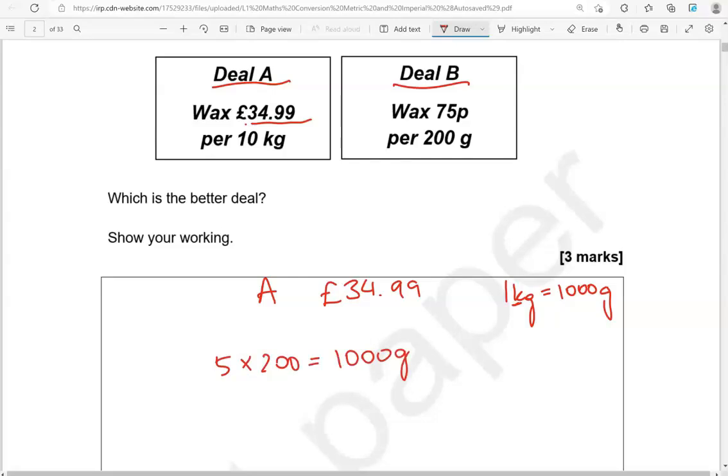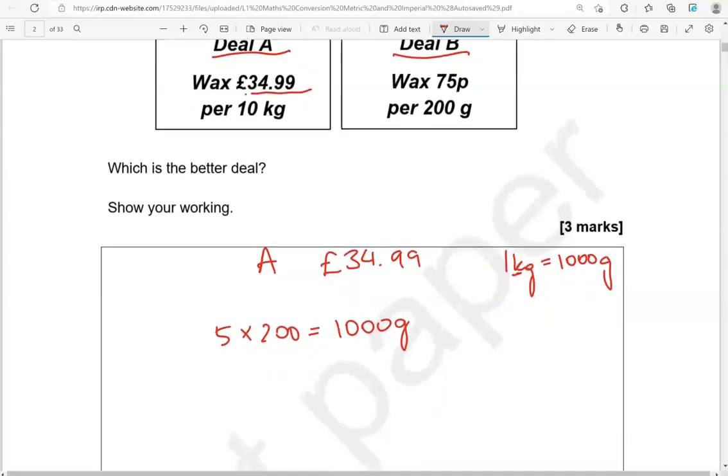So what we need to do to the price is to multiply it by 5. So 75 times 5. 5 times 5 is 25, so 5 down and 2 carried over. 5 times 7 is 35, and the 2, that is 37. So 375 pence. That's the cost of 1 kilogram. In pounds, that is £3.75.